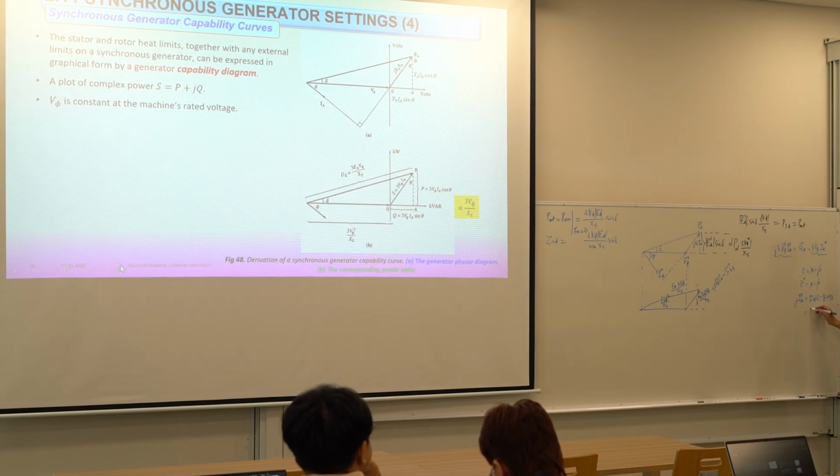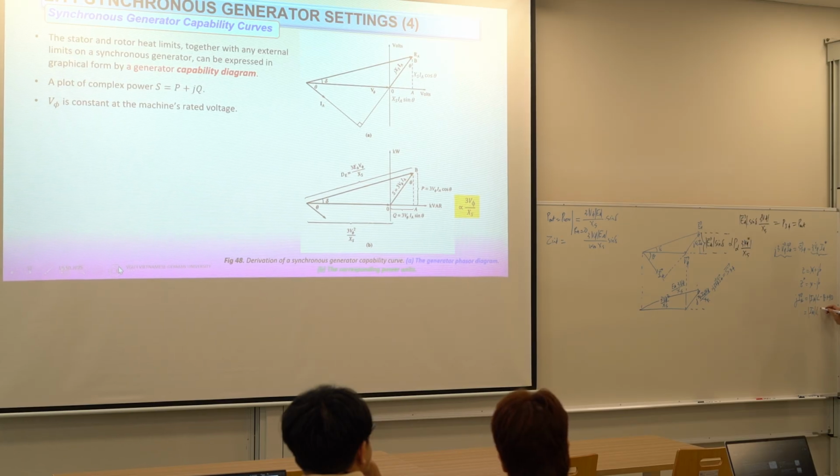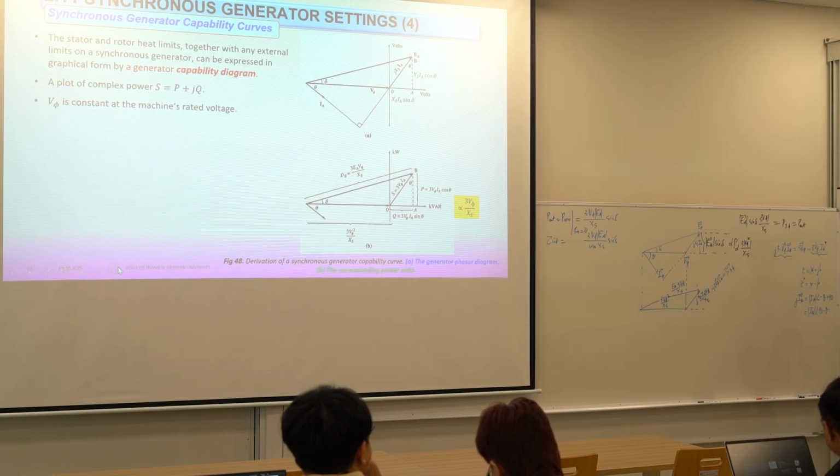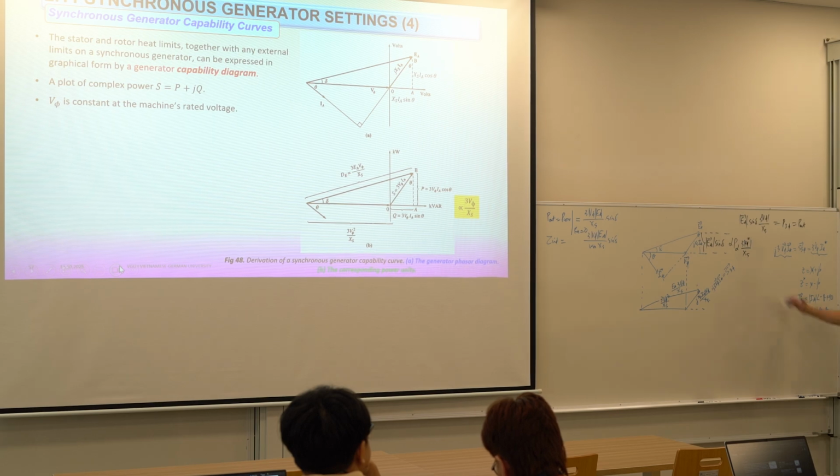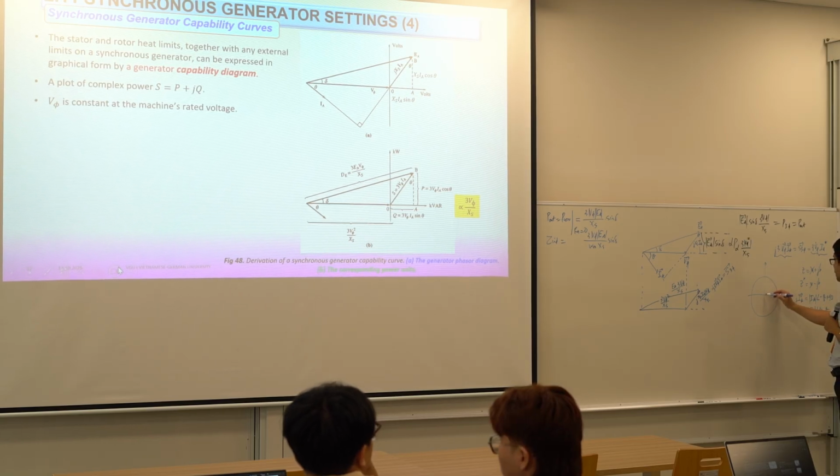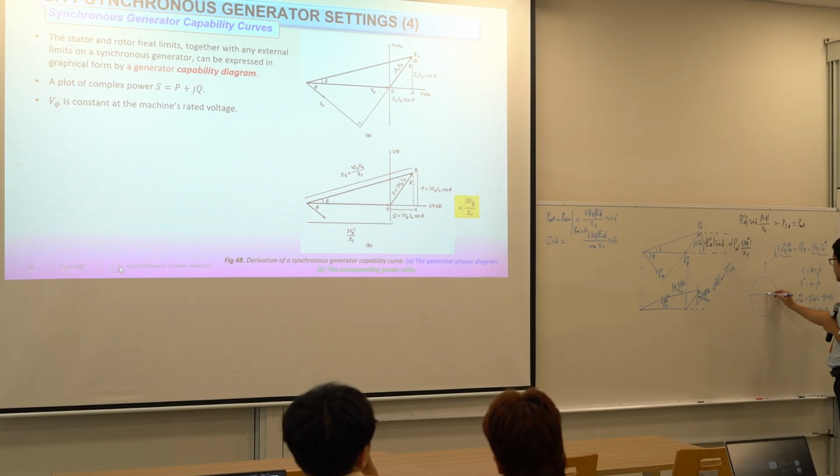So we can get IA with 90 minus theta. Okay, so if here is real, follow the circle. So if this is theta, then this is 90 minus theta somewhere here, right?